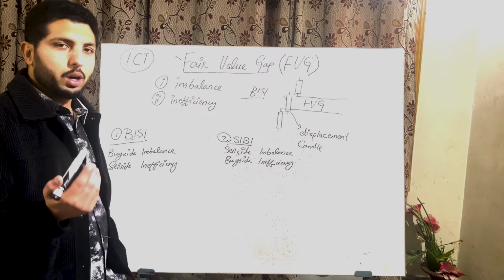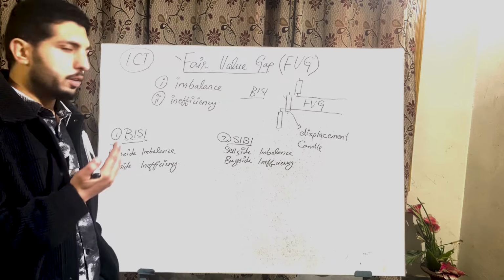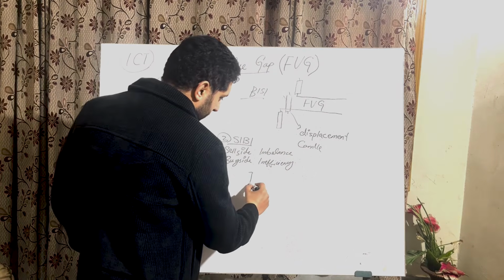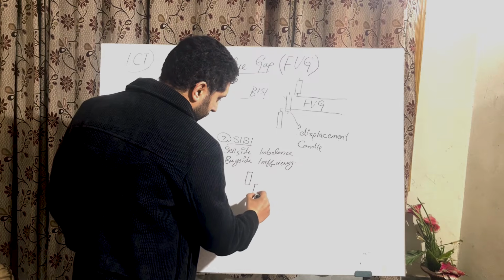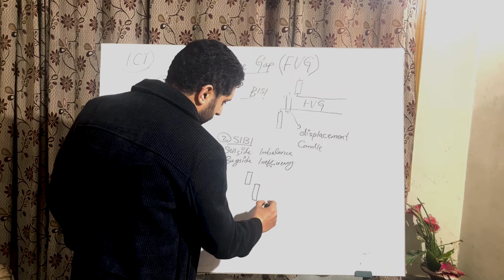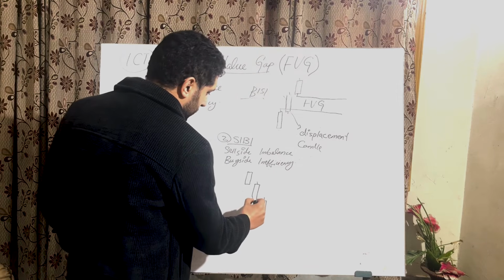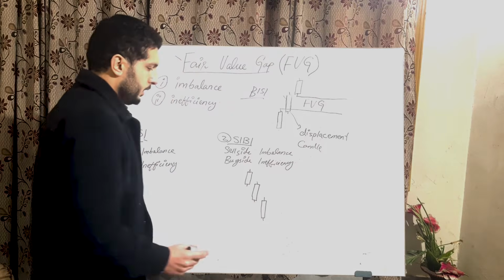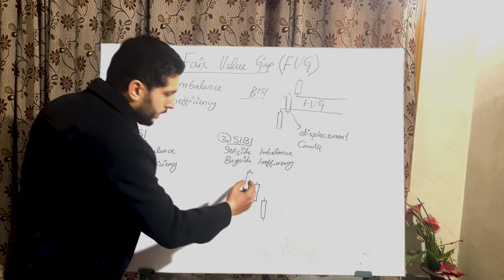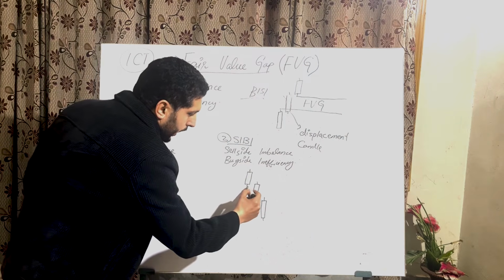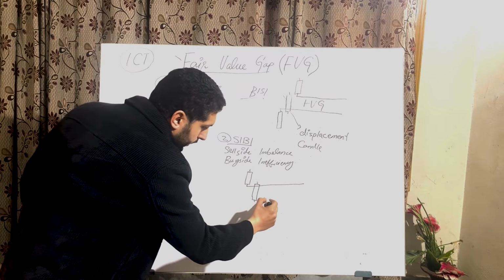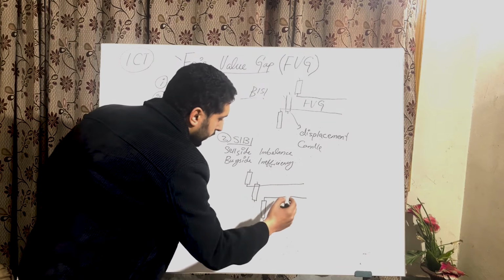And now let me also draw an example of the SIBI so you could better comprehend it. Let's suppose these are the three candles in a downside market, and we take the low of the first candle and the high of the third candle.